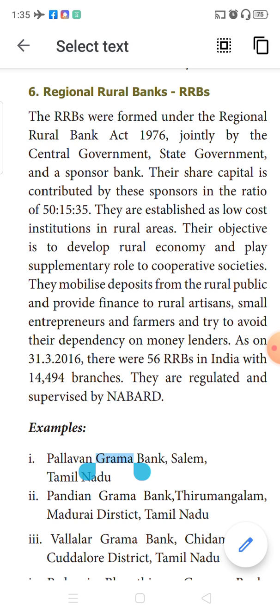It almost plays the role of a cooperative society bank, and it mobilizes deposits from the rural public, and it gives loans to small artisans, small entrepreneurs, and farmers, so that these farmers need not depend on private money lenders, because private money lenders charge a huge rate of interest, and when they are not in a position to pay the money, they have to forgo the assets that they have mortgaged.